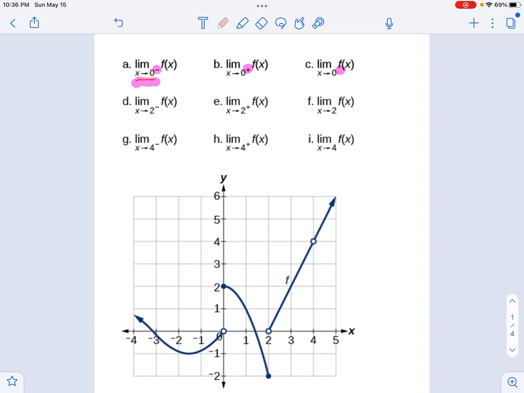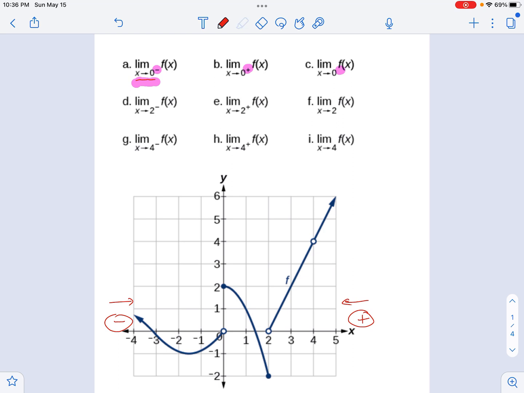So we're talking about the horizontal axis, the x-axis, as X comes from the left side, so from the negative side. With the plus, that means it's coming from the positive side, which means it's going in this direction horizontally, and from the negative side, it's going in this direction horizontally.